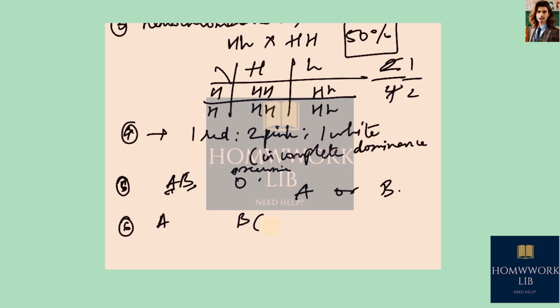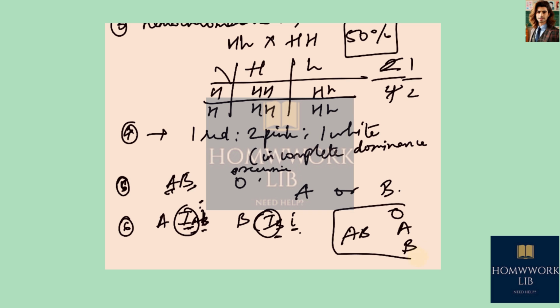So if I take both of them to be heterozygous, and if I do the cross, I can get O, I can get A, I can get B as well, or I can get AB as well. If I take these two, I'll get that also. So basically I'm getting all of the possible blood types. So the correct option would be E, all of the above.